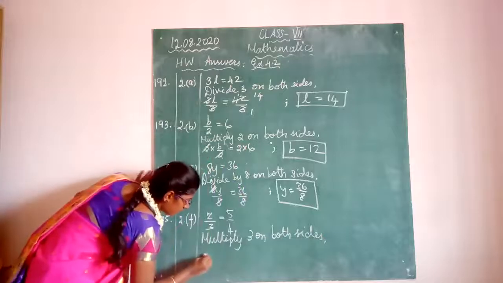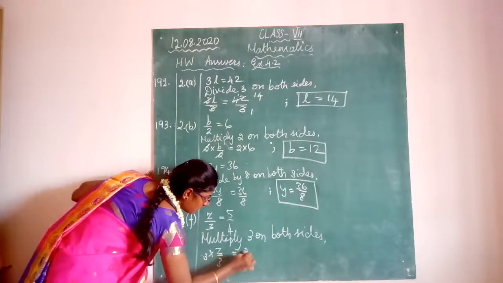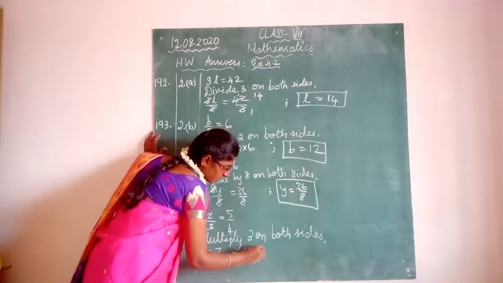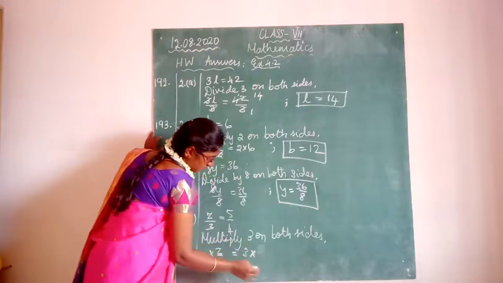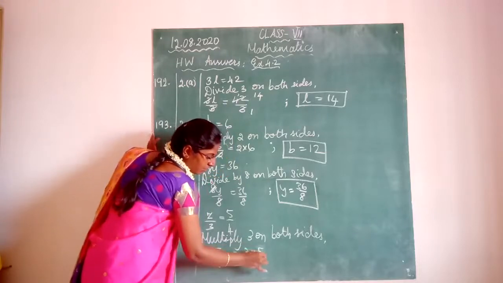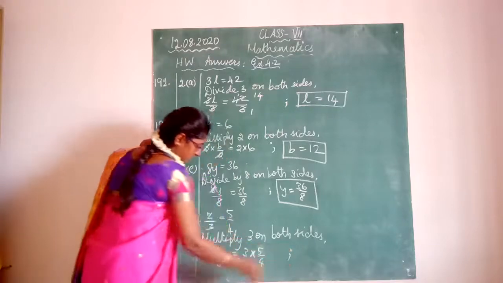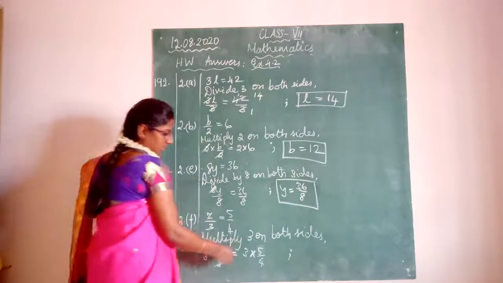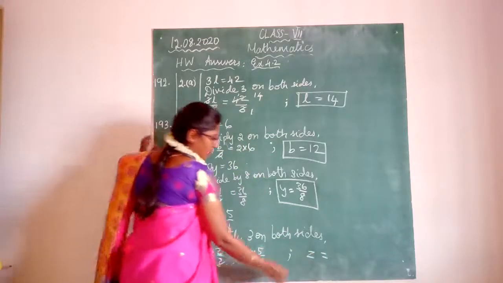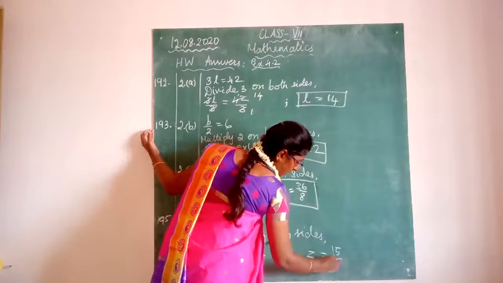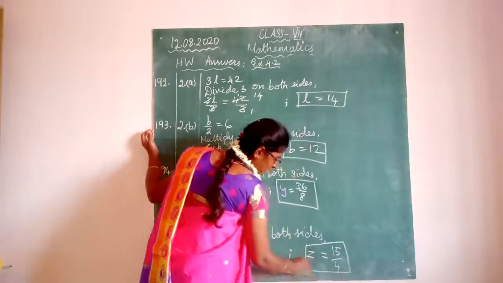So you will have 3 into Z by 3 equal to 3 into 5 by 4. Okay. So this one will have 3 and 3 will get cancelled. Only Z will be remaining this side. And on the right hand side 3 5s are 15 and in the denominator 4. 15 by 4. So the answer is 15 by 4.